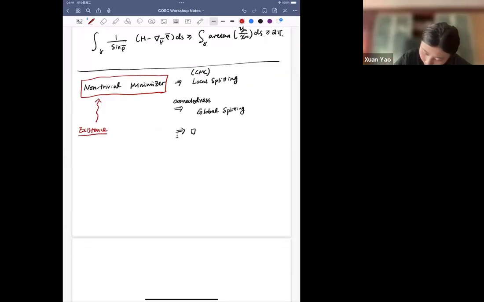So you need to cook up some CMC foliation as your barrier, and then this barrier guarantees the existence of the non-trivial minimizer.